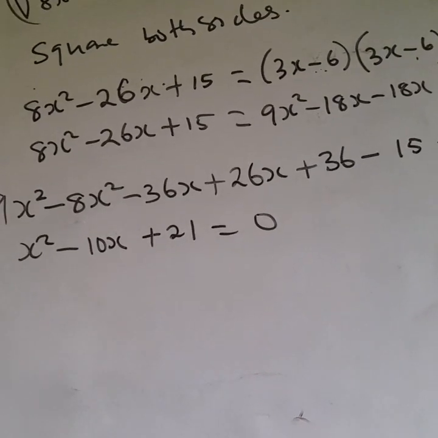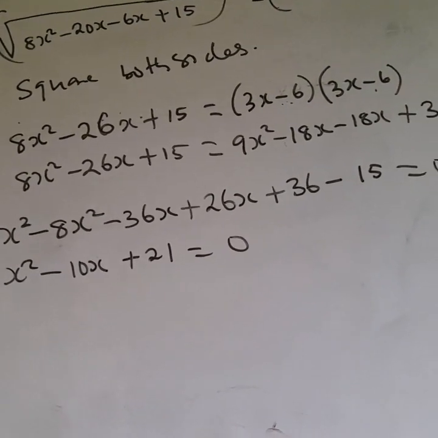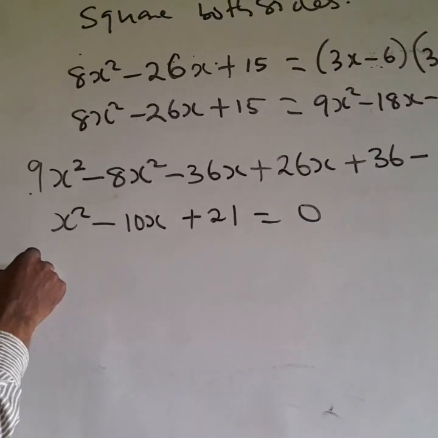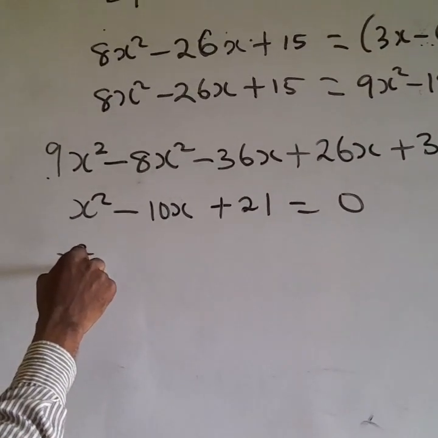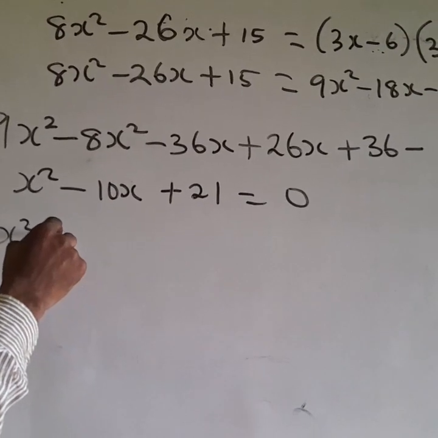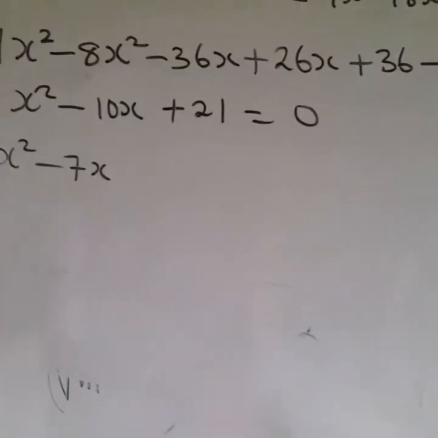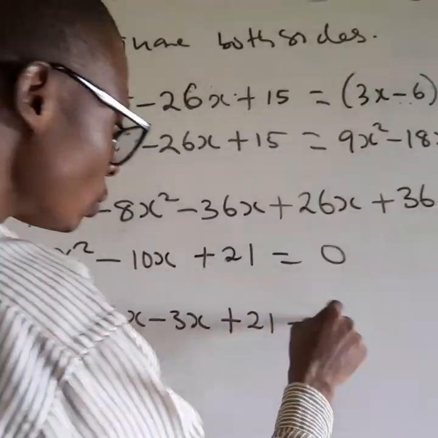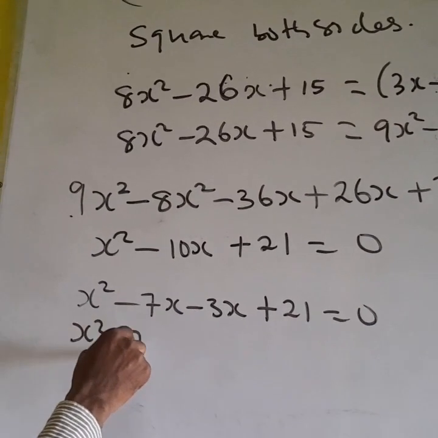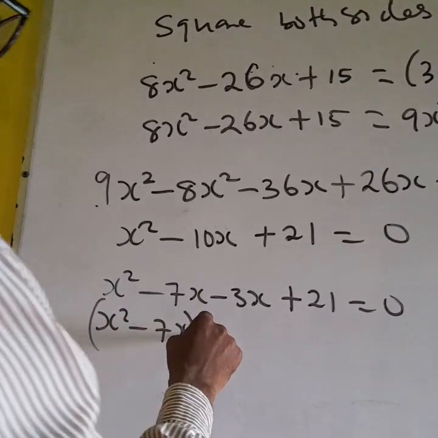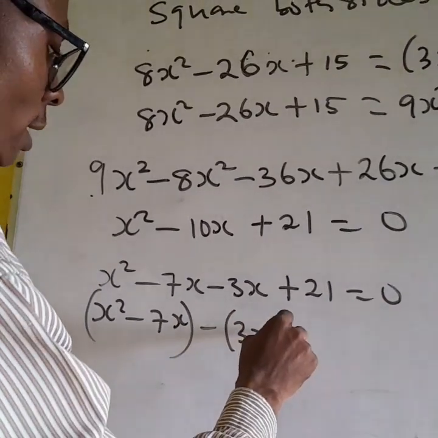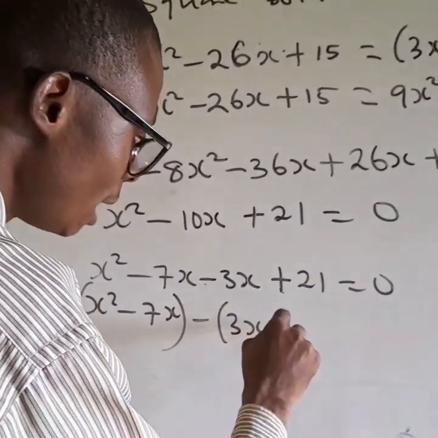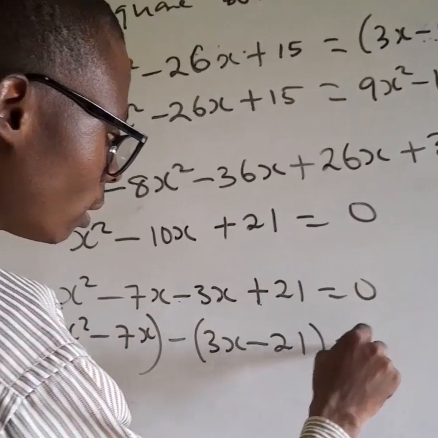Now we'll factorize the equation. This is not a quadratic equation you can factorize directly, so you look for the two factors here. We write it as x squared minus 7x minus 3x plus 21 equal to 0. We group it: x times x minus 7, minus 3 times x minus 7, equal to 0.